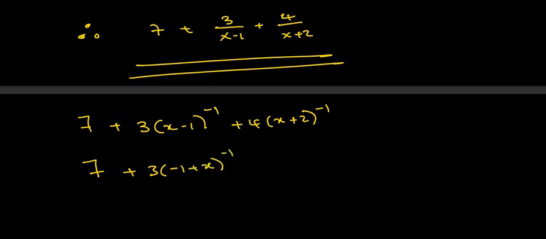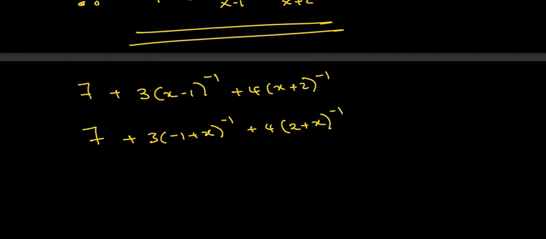I'm just switching them up. This is 4, this is going to be 2 plus x, negative 1. The reason why we're doing this is because we cannot use the expansion formula without the first term being 1. So that's the reason why we're doing this.